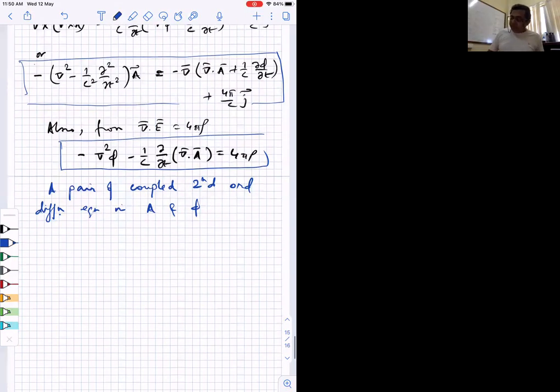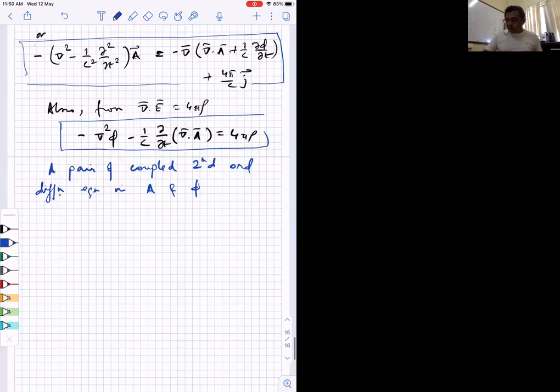Now, if I want to solve it like this, of course, it's complicated. So one of the things that we can do over here is basically we use gauge freedom. So we make some choices. We put some restrictions on the quantities and then try to see how those restrictions will help in simplifying these equations.